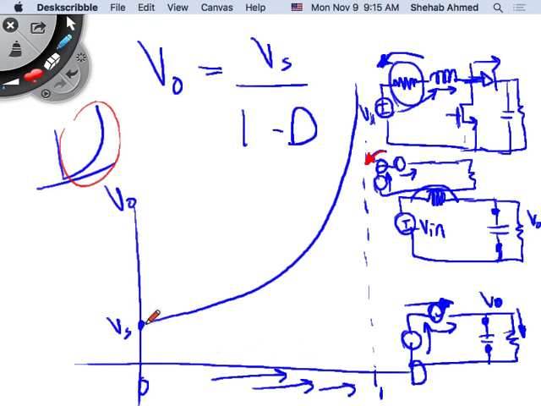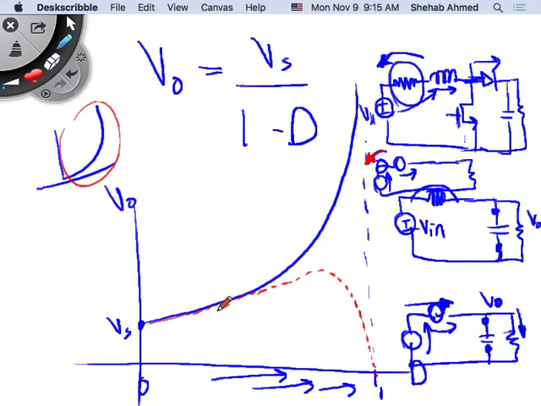Yeah. So what you will end up seeing is, instead of this going up continuously to infinity, it will at some point do something like this. Right?